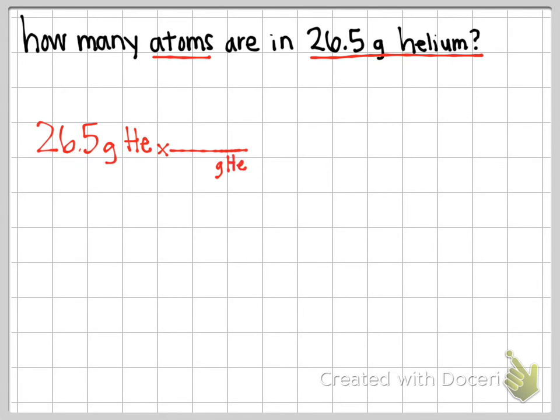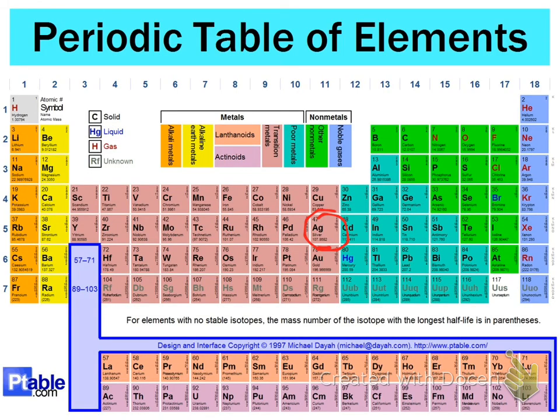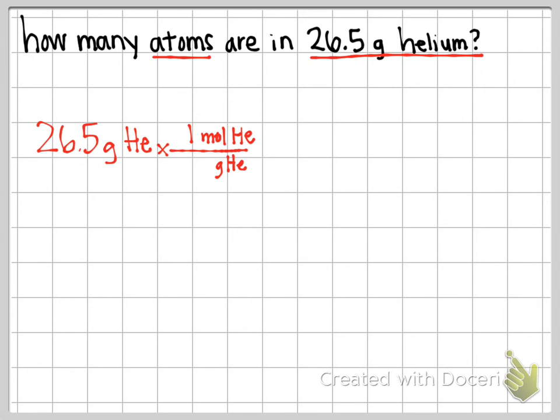And if you look at your conversion factors, you probably will see that you don't have anything that goes from grams to atoms. However, you do have a conversion factor that goes from grams to moles. So 1 mole helium, look up the mass of helium to 2 decimal places, and that would be 4.00 grams. So 1 mole of helium is 4.00 grams of helium.